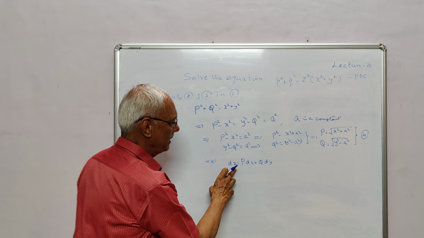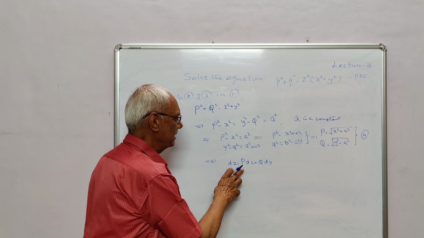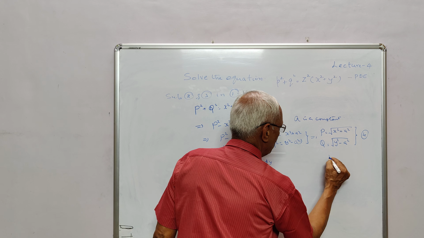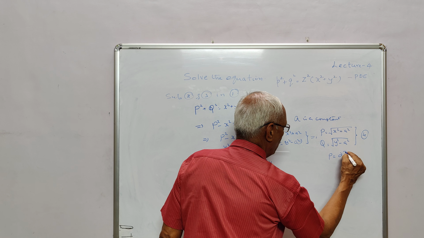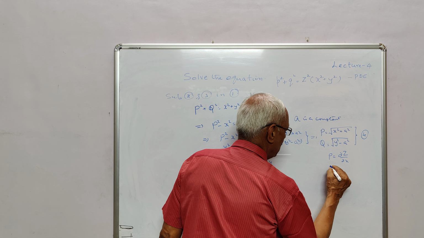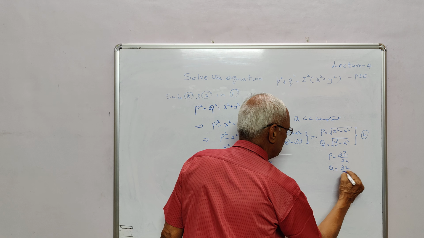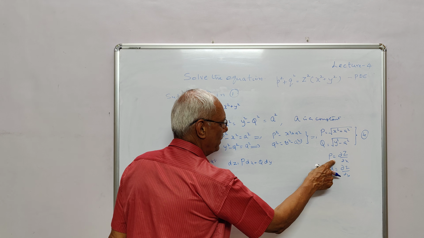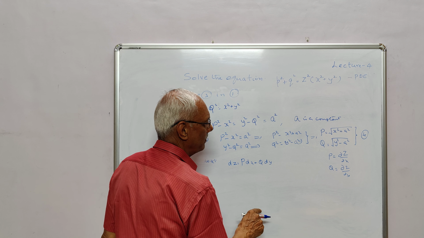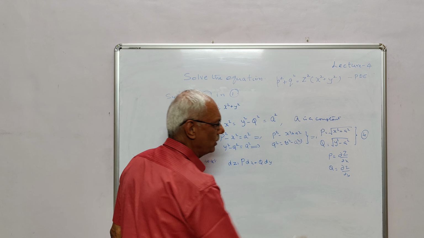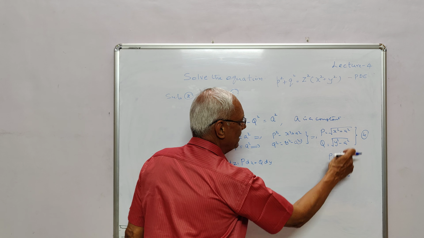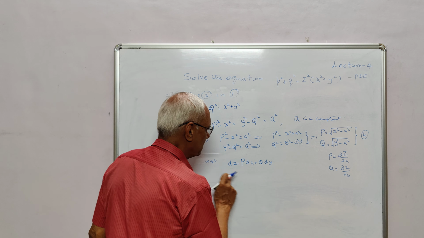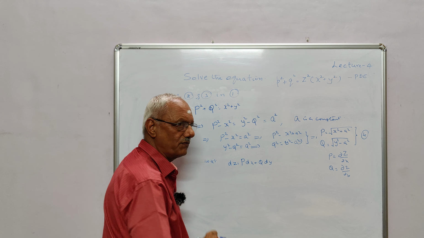Because if you take the total derivative, dz is equal to P dx plus Q dy, where P is dou capital Z by dou x and Q is dou capital Z by dou y. But in turn their values are these, the square roots of X squared plus A squared and Y squared minus A squared. So this is the equation that we are having.